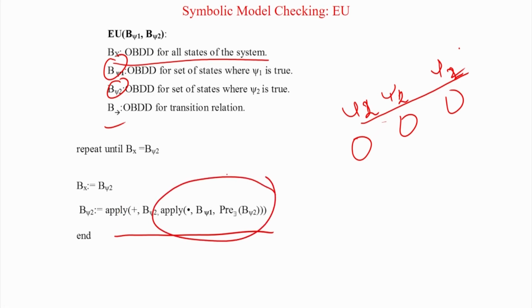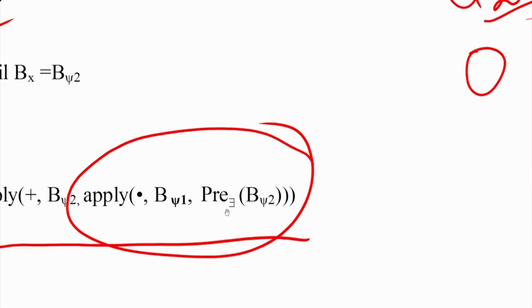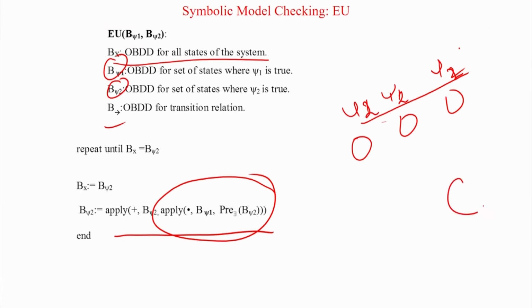Now this one is particularly important. What we are doing over here is taking pre of B of psi 2. That means there is a state, say X, where your formula psi should hold. This pre of B of psi 2 tells that there is a state X with a next state where psi 2 is holding.